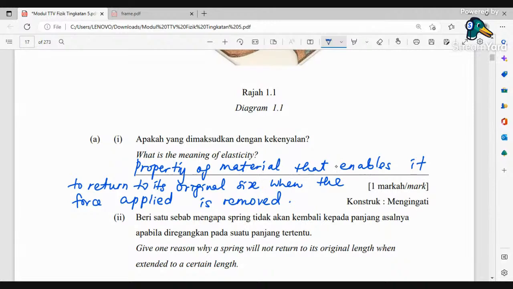Okay, it is a property of material that enables it to return to its original size when the force applied is removed.